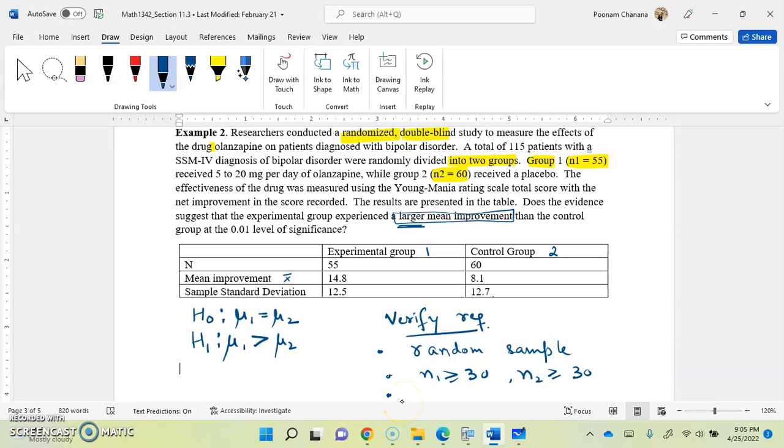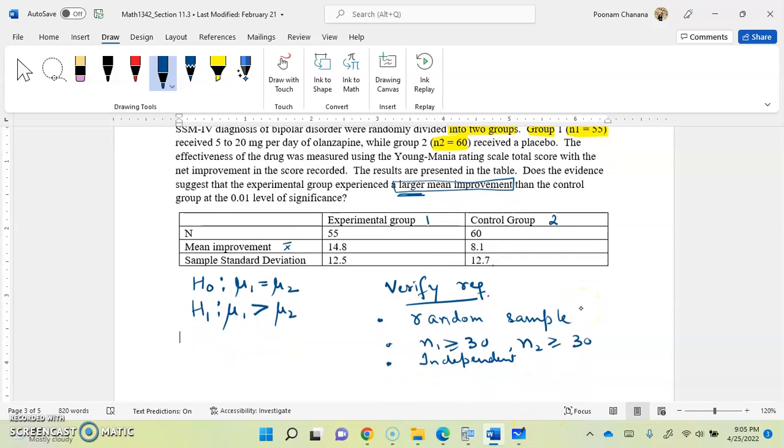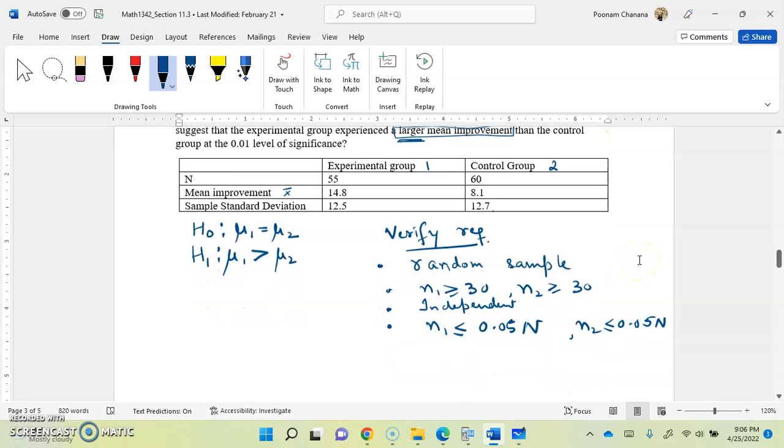And what else? This is an independent set, right? It's just divided into two equal groups, so there is no dependency, there is no matched pair. I'm very sure that N1 is less than 5% of the population and N2 is less than 5% of the population. We can assume that about the population size. So we have all the requirements, right?